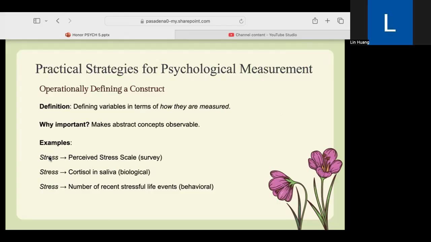When we are measuring stress, we may measure it through the Perceived Stress Scale, that is, using a survey. If we are using a biological approach, we will measure stress through cortisol in saliva. And when we are measuring stress behaviorally, we will measure the number of recent stressful life events.